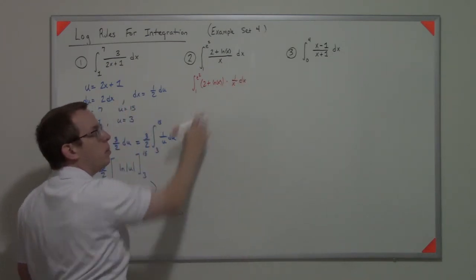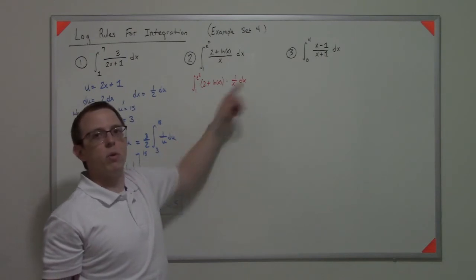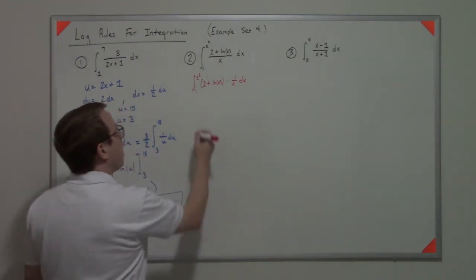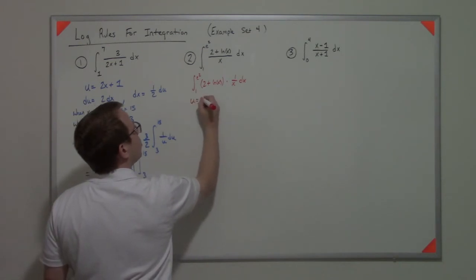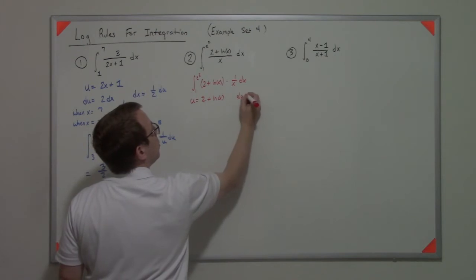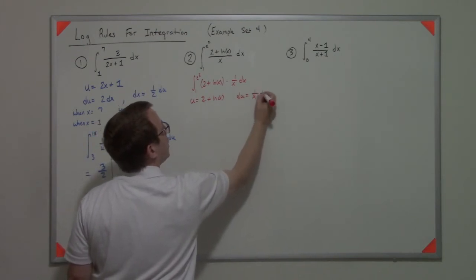So if I take this to be u, that will be my derivative. So that's sort of a good indication that we're on the right track. So if I let u equal 2 plus natural log of x, then du is 1 over x dx.